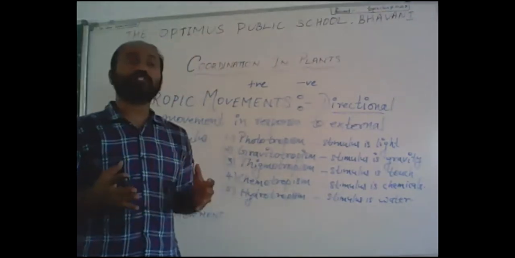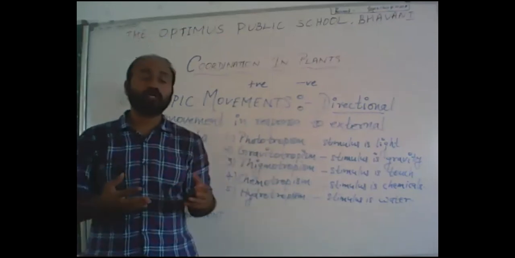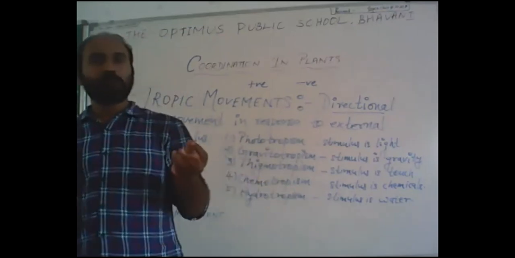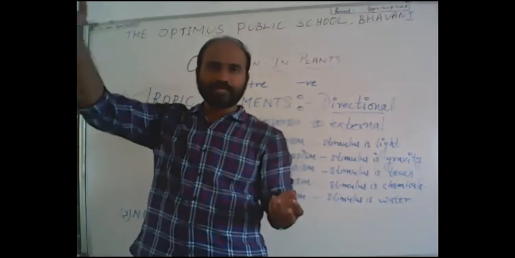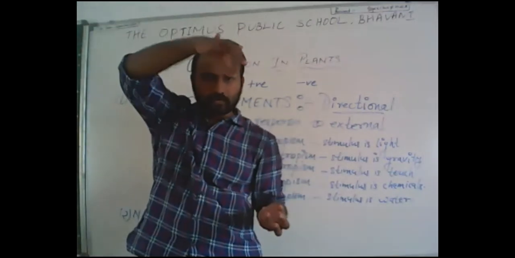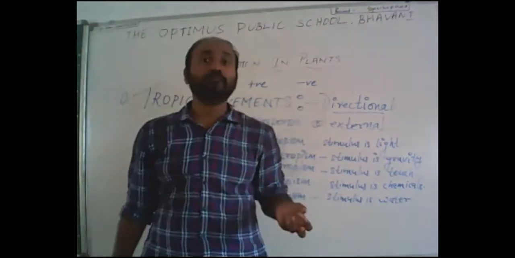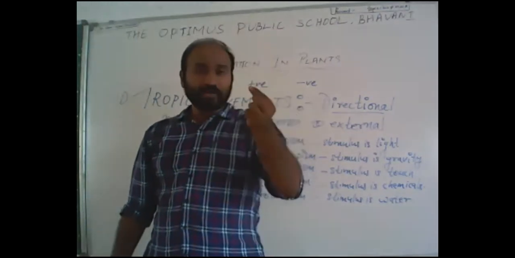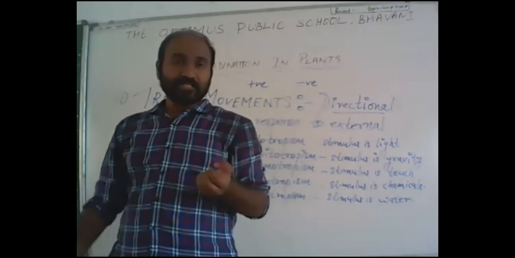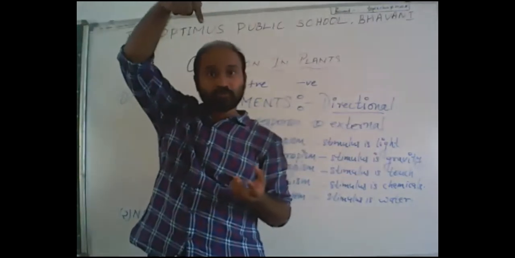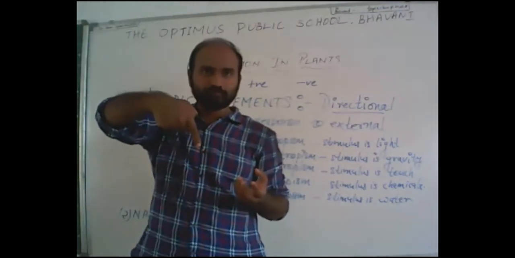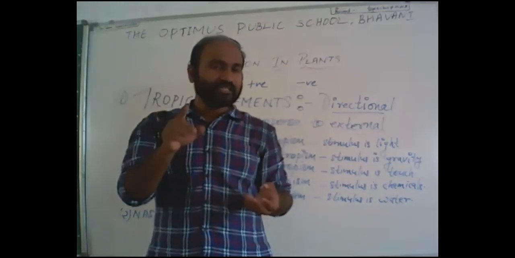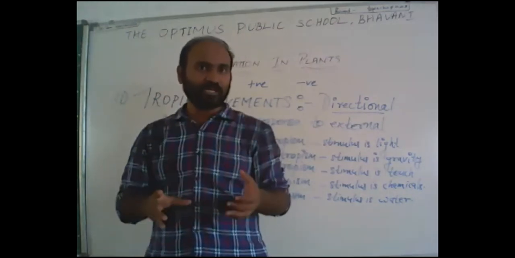Chemotropism. Now chemotropism means here the stimulus is chemicals. See the pollen grains, for example. When the pollen grains fall on the stigma of the female flower, what happens? The pollen tube enlarges, right? That means the pollen tube moves towards the ovule. So the attraction is chemically mediated.